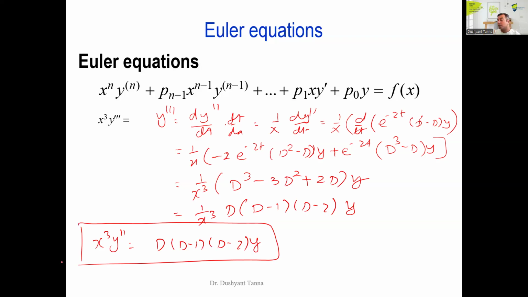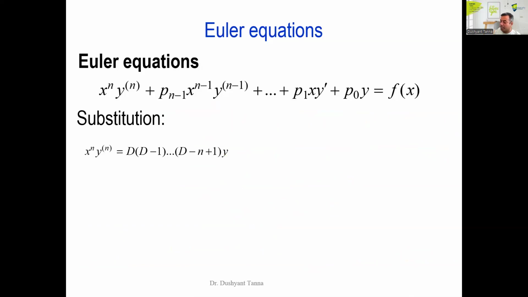right. If we have to go for the fourth power, we can go similarly, d power 4 is d times d minus 1, d minus 2, d minus 3, and y. Bit less, one less than the actual term that you have, right?